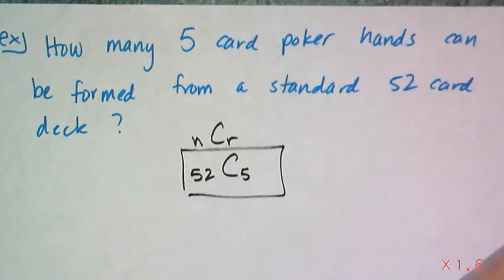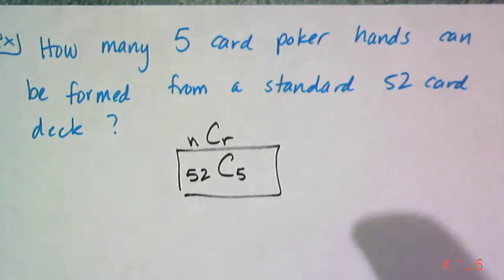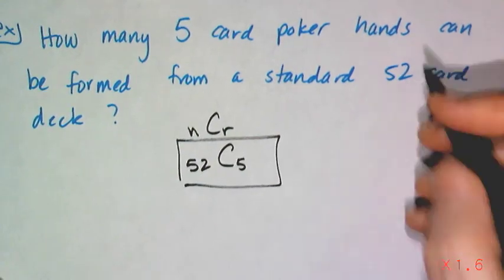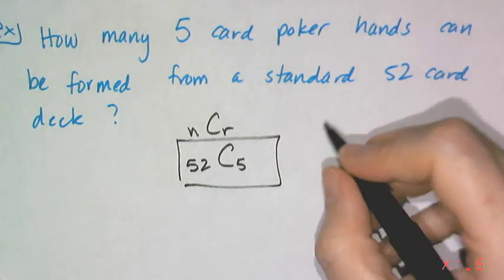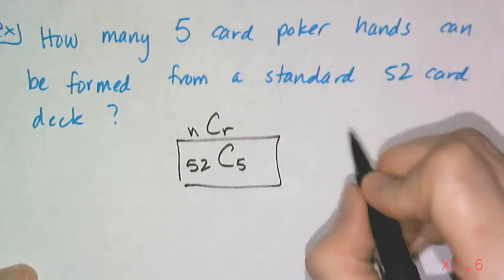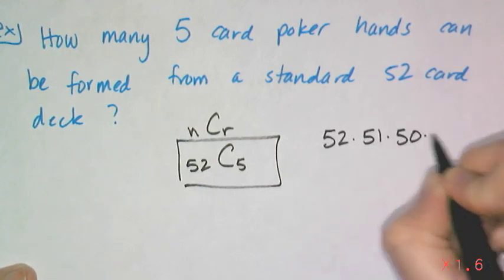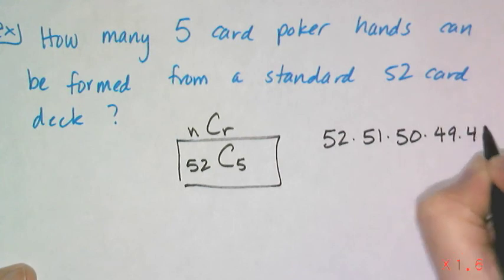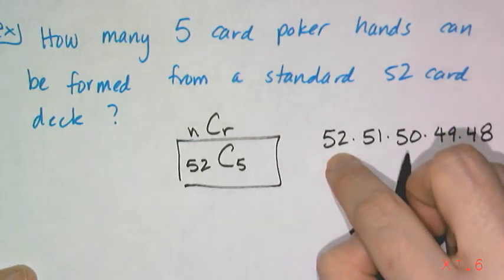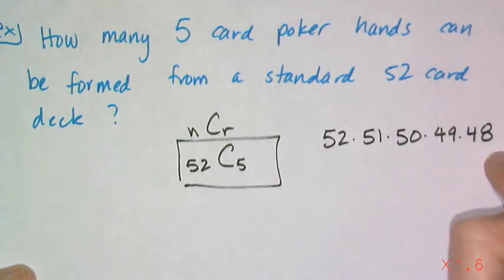Now, if you forget the formula, you can do this logically. You can think, well, I'm picking 5 cards from 52 and use my fundamental counting principle, which says I have 52 times 51 times 50 times 49 times 48, right? This is the number of permutations.